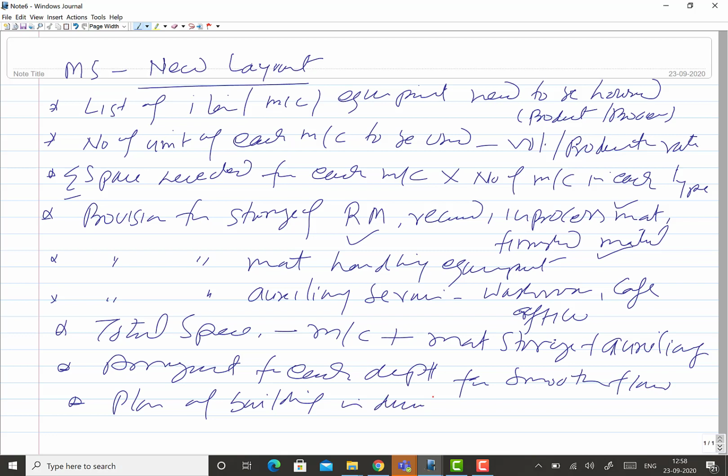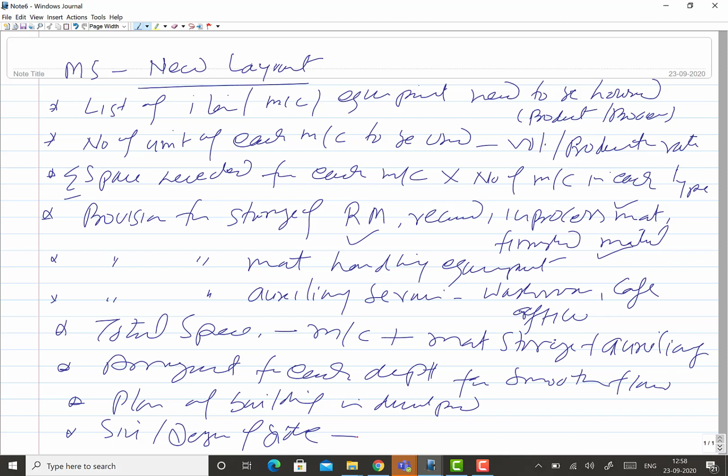The plan of the building is developed to see where the raw material will be received, where the machines will be accommodated, where the auxiliary services will be. Considering these requirements, then comes the size and design of the site.